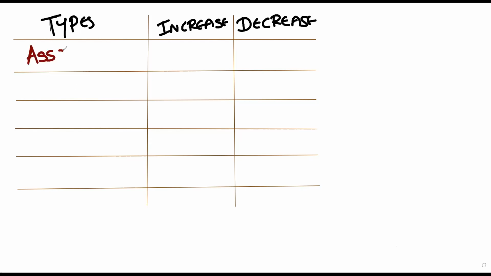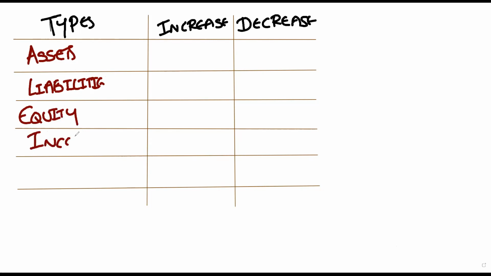What are the 5 types of ledger accounts we have? Assets, liabilities, equity, income, and finally, expenses. After studying this lesson, once you see a ledger account, you should be in a position to understand what type of account it is.